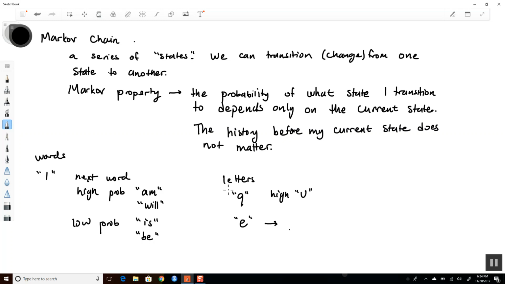Okay, now in English, with Markov properties, we can only look at one letter at a time, whereas in reality, if you see the letter I followed by the letter N, then there's a very high probability of the letter G, right? So much so that sometimes when you're typing and you have IN, sometimes you accidentally hit G out of muscle memory, even though that's not really the next letter.